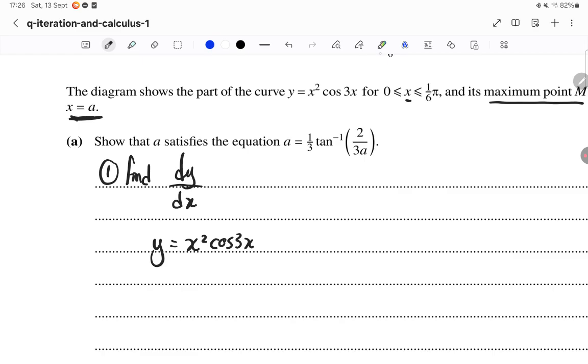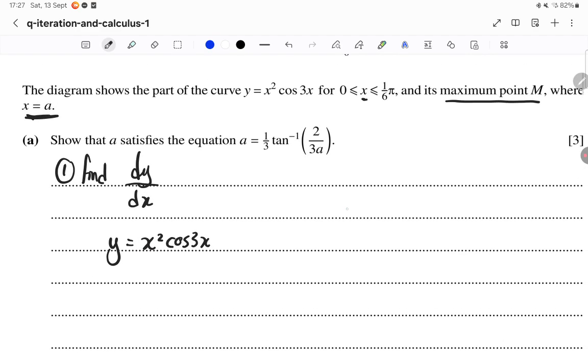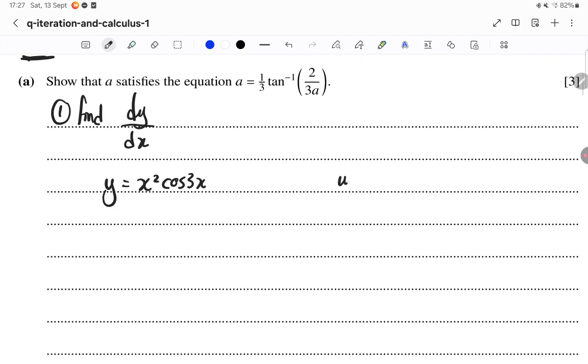And how are we going to differentiate this? Well, we're going to use the product rule, since the two items here are in a multiplication relation. So we're going to call one u and one v. So u will be x squared and v will be cos 3x.